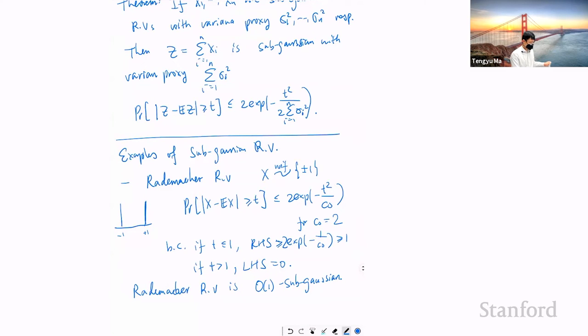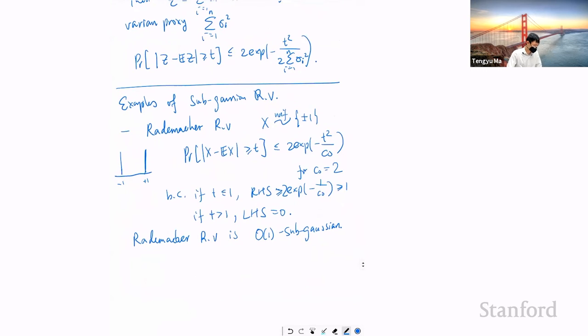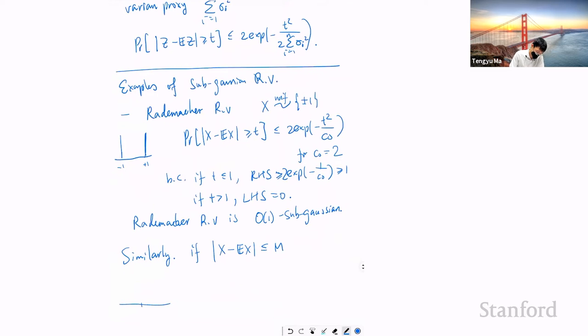Similarly, you can prove that if X minus E of X is bounded by M, so suppose you have a random variable where E of X is here, and you look at a window of size M, plus M and minus M. Suppose your density is literally 0 outside, and you have whatever density inside.